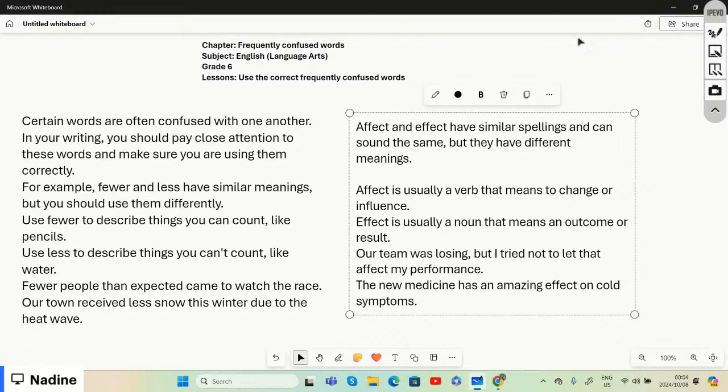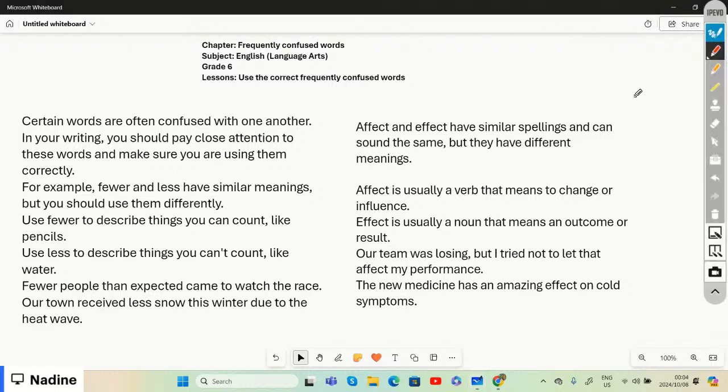So we said the lesson is to use the correct frequently confused words. These are words that we constantly use, all the time, right?